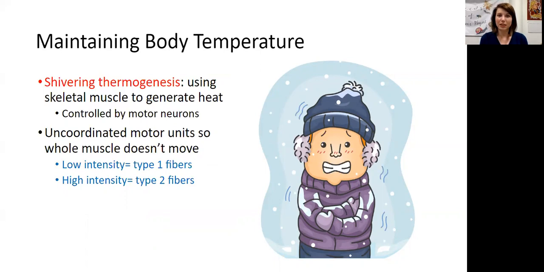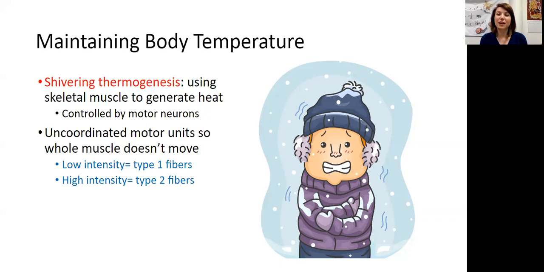For shivering thermogenesis, your body is basically making your skeletal muscles contract really quickly in order to generate heat as a byproduct. So we know that our muscles are innervated with motor neurons, and that can be consciously controlled and subconsciously controlled.